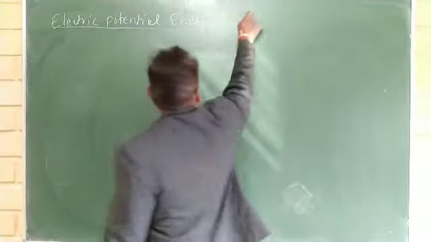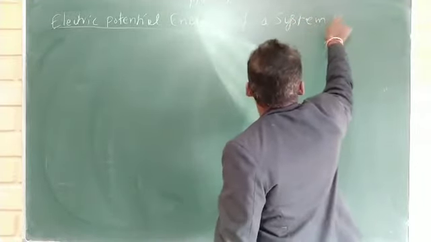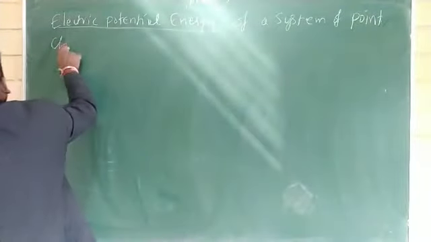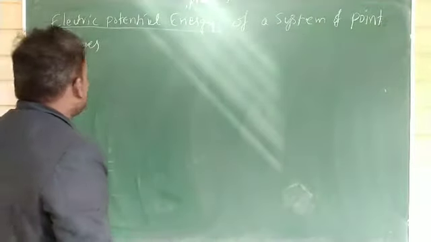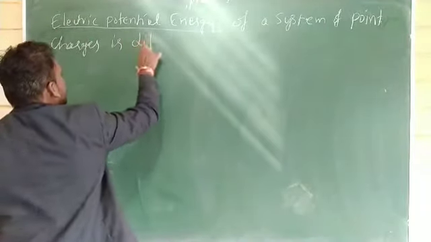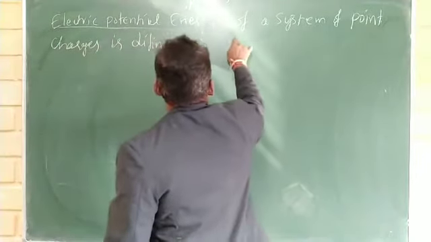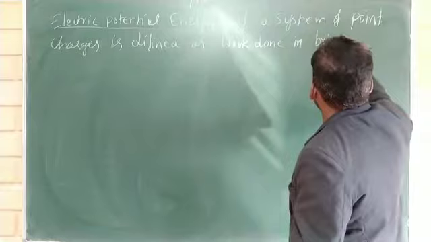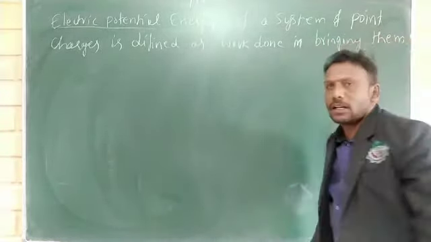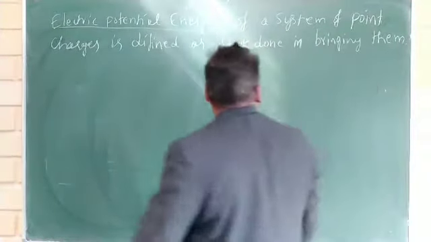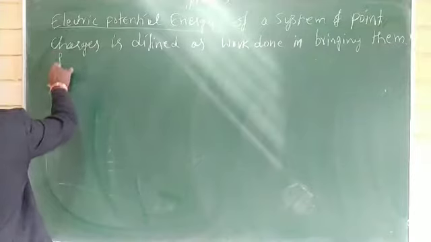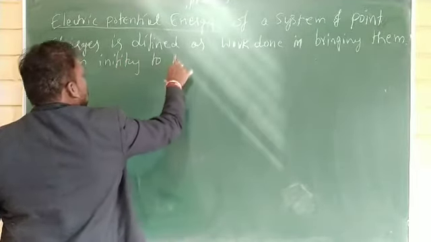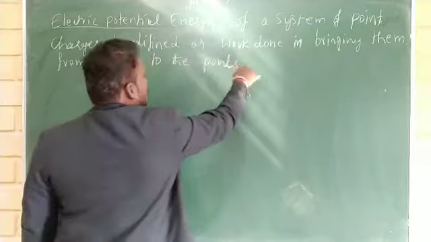Electric potential energy of a system of point charges is defined as work done in bringing two or more charges from infinity to the points.